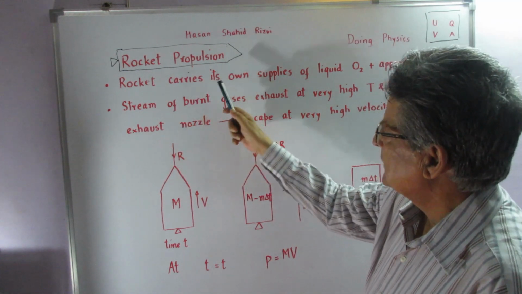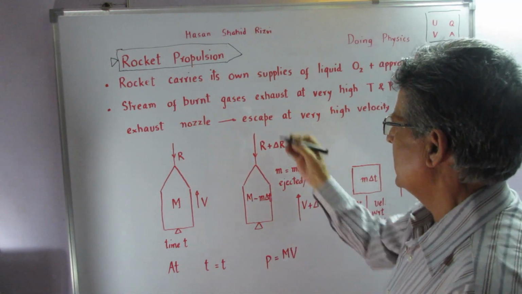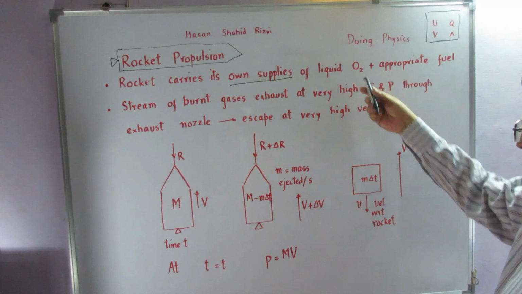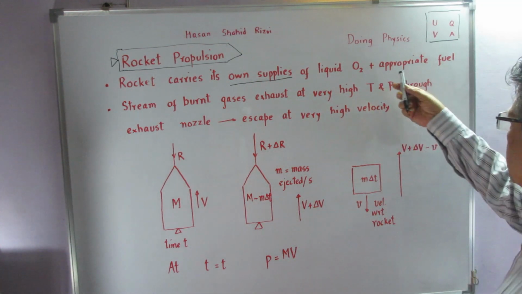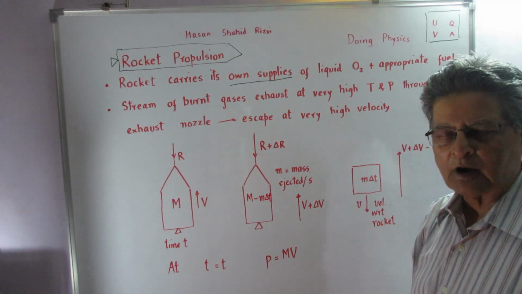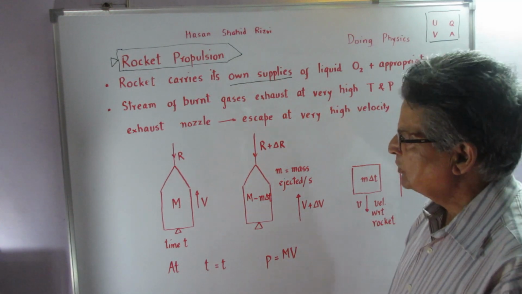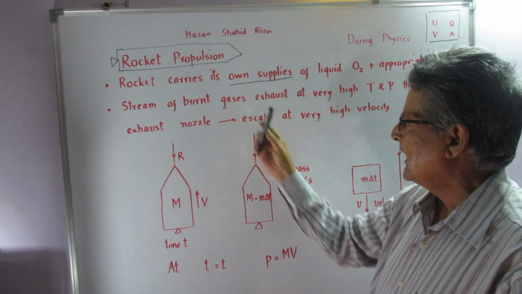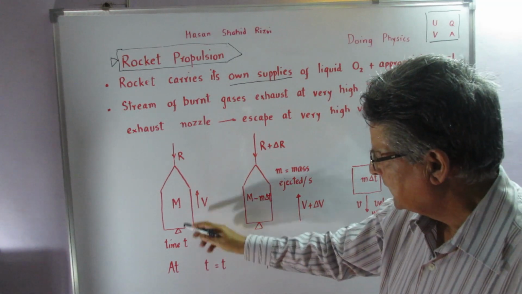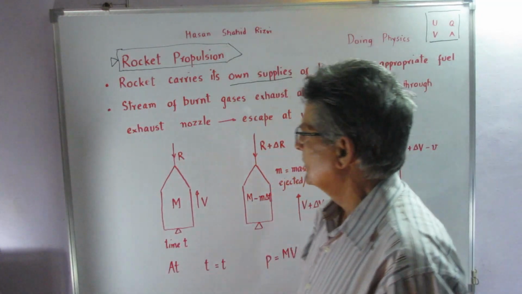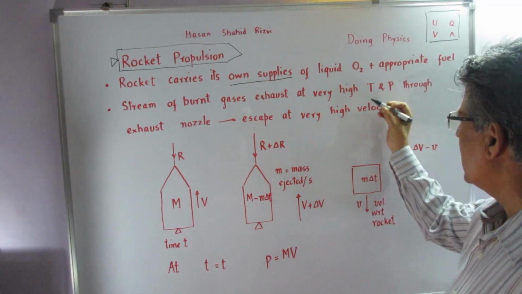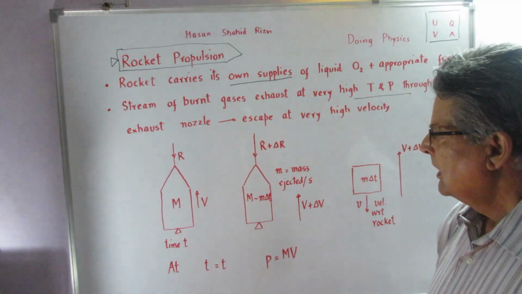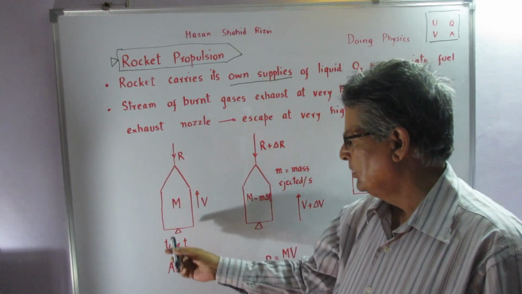This rocket carries its own supplies of liquid oxygen and appropriate fuel like kerosene or whatever grade of fuel is there, and together they burn, and the stream of burnt gases exhausts, like I have shown over here, at a very high temperature and pressure through the exhaust nozzle.